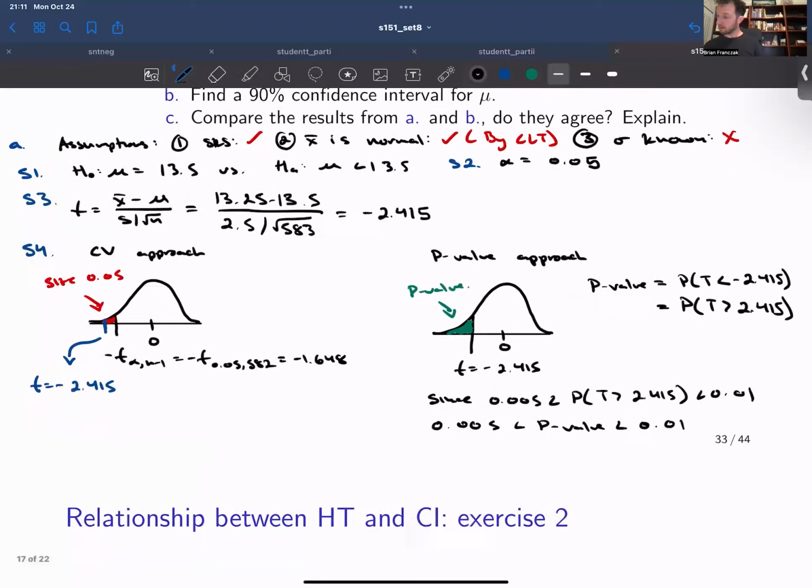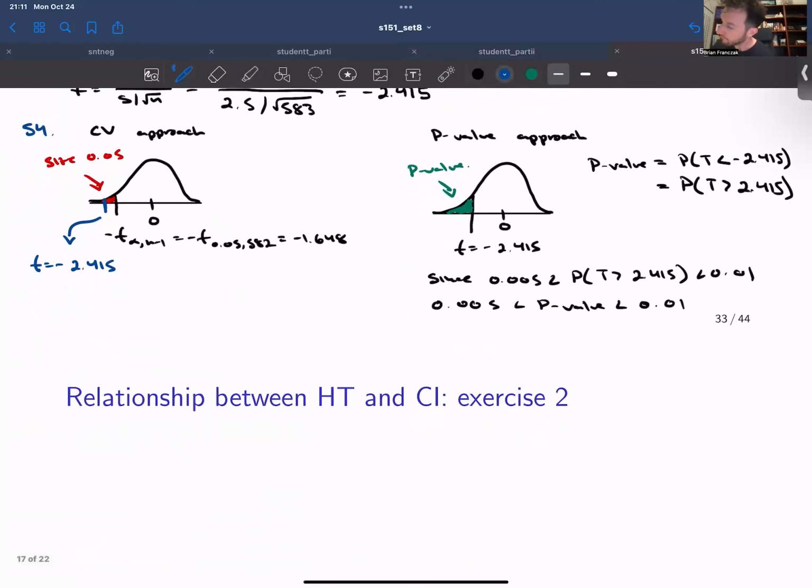All right. Now on step 5, if we take the critical value approach, we would reject H0 since t is in the rejection region.